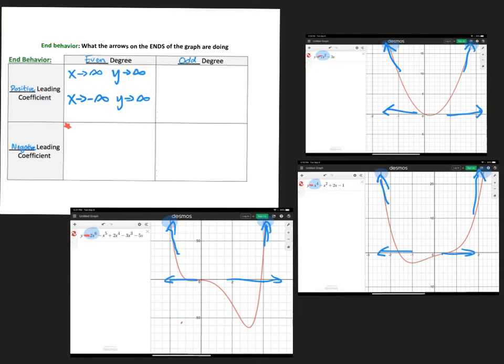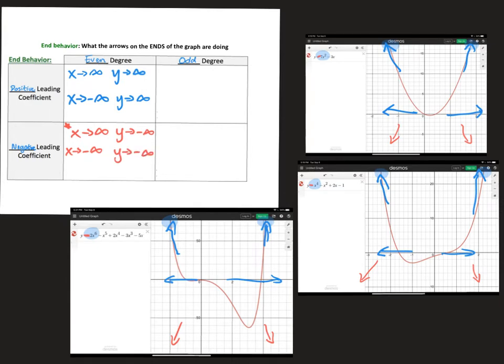So instead of the ends both going up, these ends are going to both go down. We can say as x is approaching positive infinity, the ends will go down, so y will approach negative infinity. And same thing when x approaches negative infinity, that end will also go down, so y will still approach negative infinity.